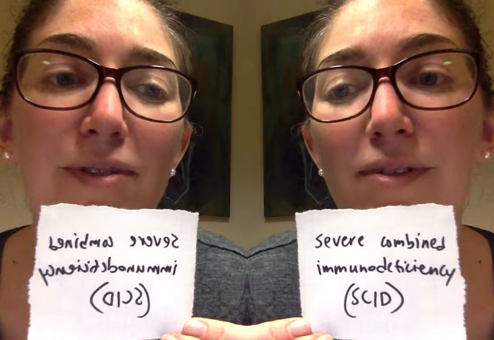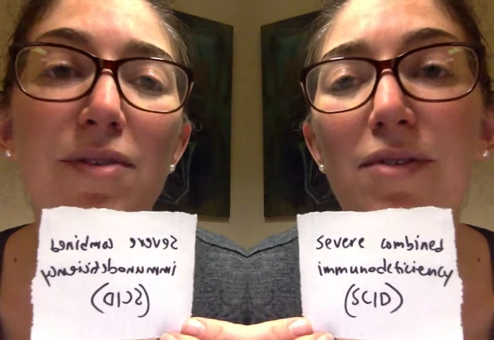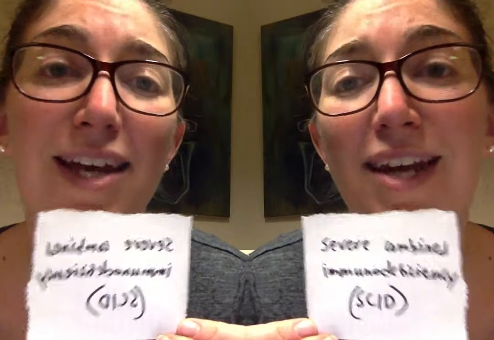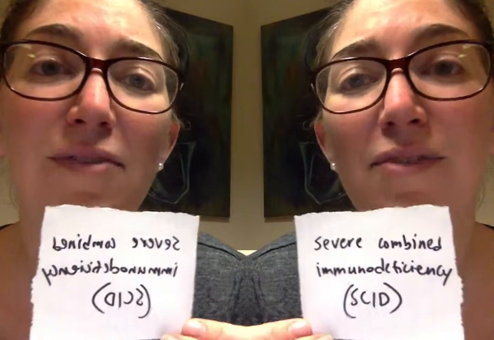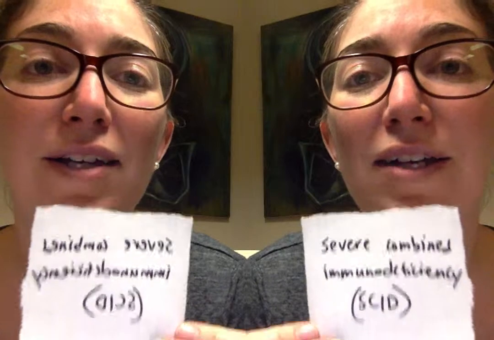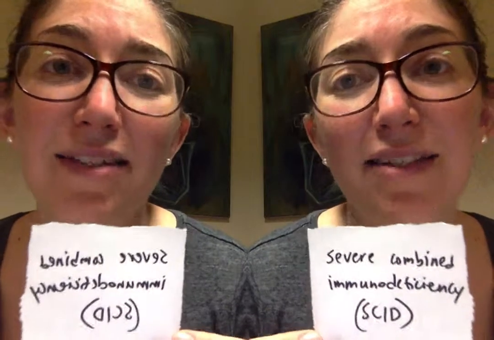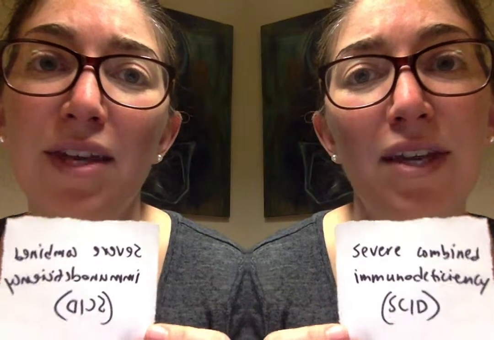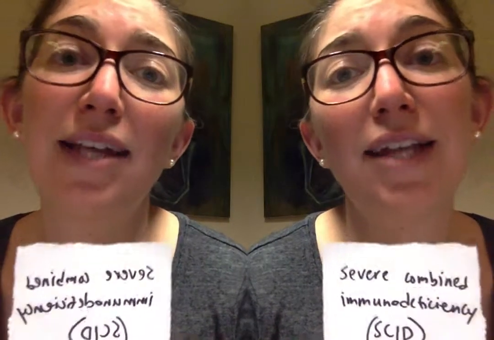There's also T cell deficiencies that we'll talk about in lecture, but this is another mouthful, severe combined immunodeficiency, which is often just abbreviated as SCID. There's several forms of SCID, but they all involve both B and T cell deficiencies. So some genetic condition that results in a lack of both B cells and T cells.